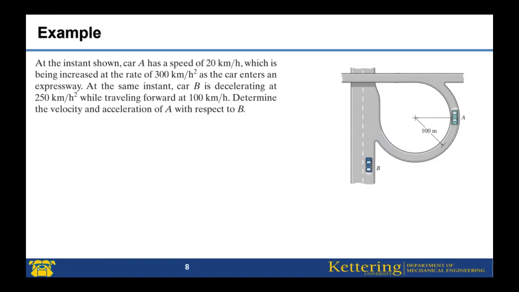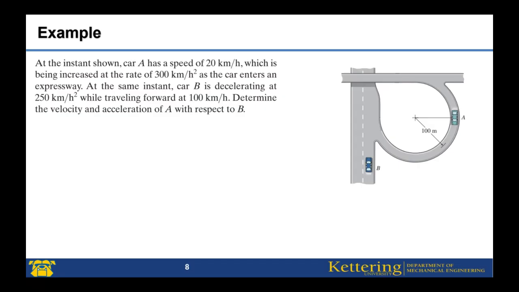I select this one because all of us drive and change directions. For example, you're driving I-75, and several cars are added to I-75 from Jackson, from Auburn Hills, from different areas. At the instant shown here, car A has a speed of 20 kilometers per hour, which increases at the rate of 300 kilometers per hour squared as the car enters the expressway.